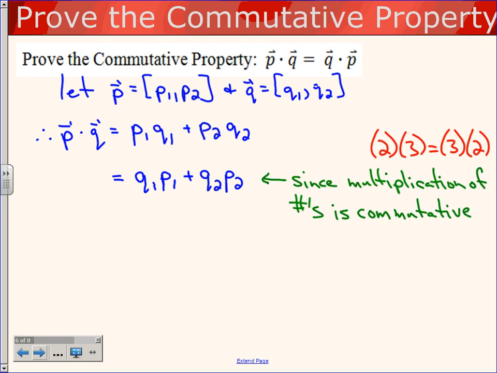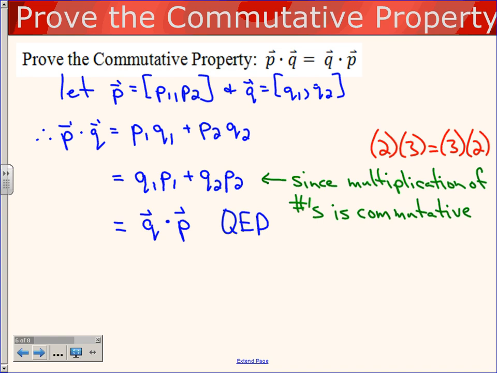We know that's true. We're trying to prove that this commutative property is true for the dot product. So I'm allowed to assume that part. And actually, as soon as I do that, that's exactly what Q dot P means, isn't it? Start with vector Q, and then dot product with vector P. So that's done.